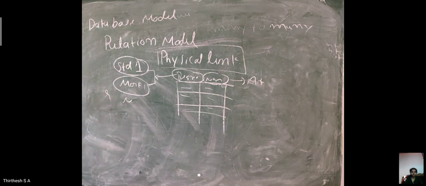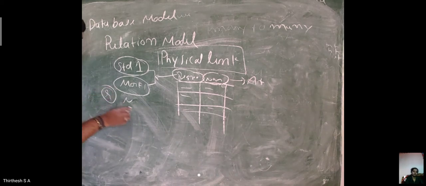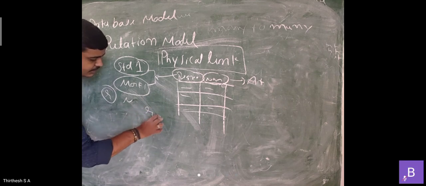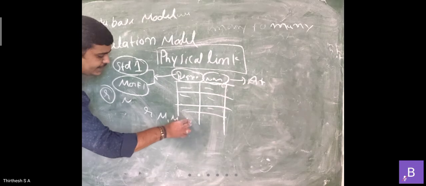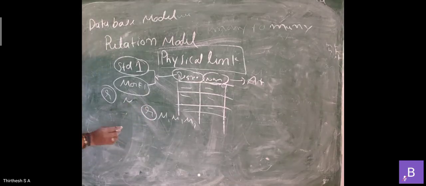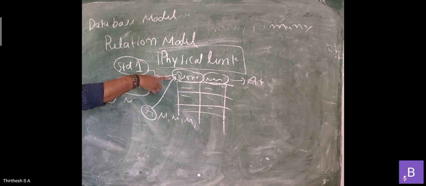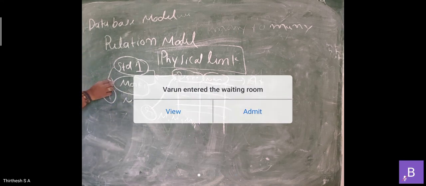For the marks register we require a roll number, so we say roll number, M1, M2 and M3. This roll number has been taken from the table known as student. So there is a relationship between the student table and the marks table with the help of roll number.